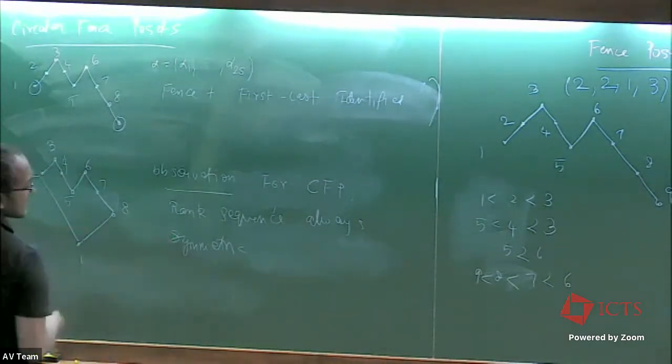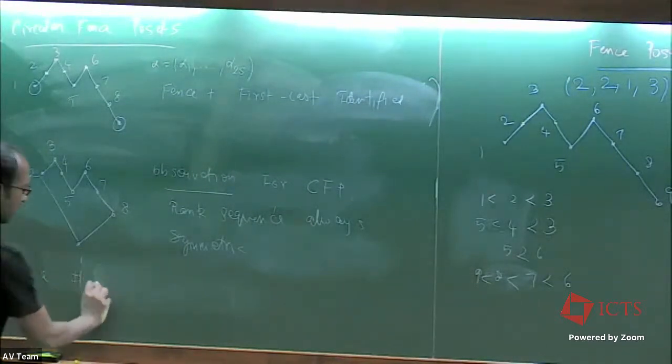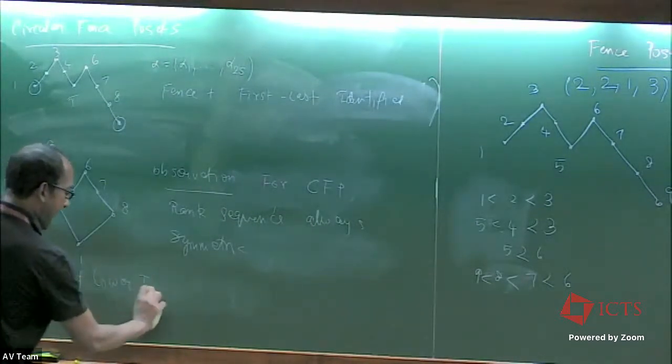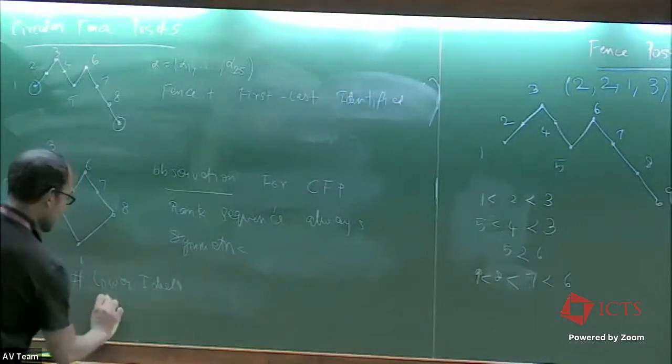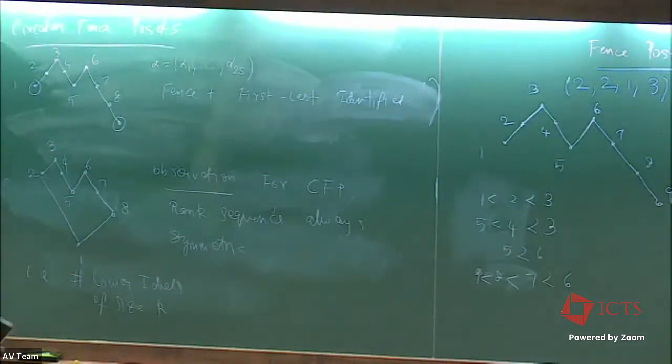So here is a restatement. The number of lower ideals of size k, for any k. What it is saying is that it is symmetric. The number of elements is n. So you take a lower ideal of size k.